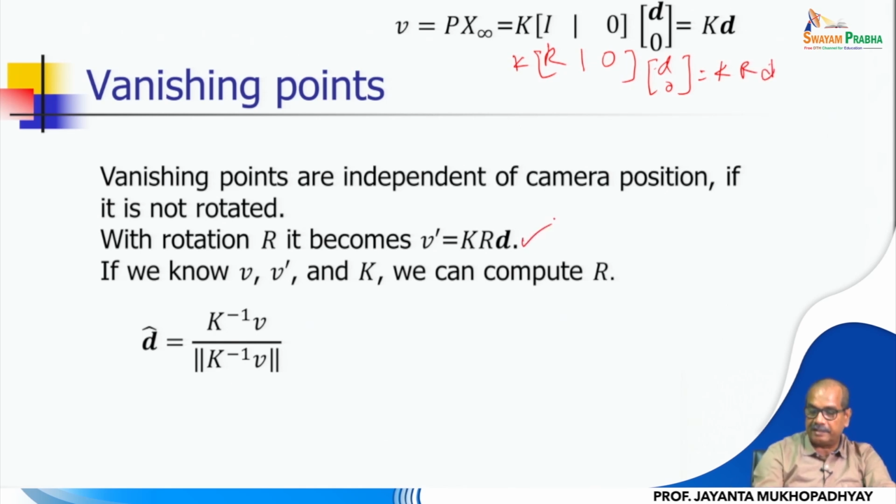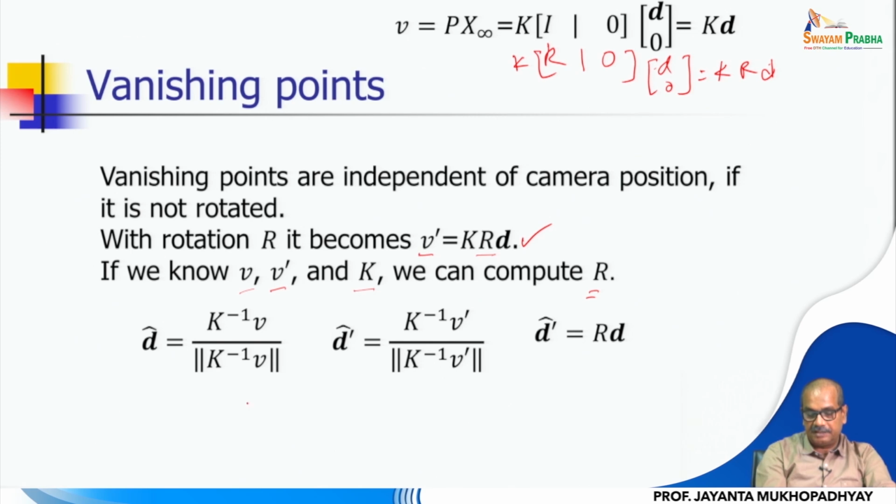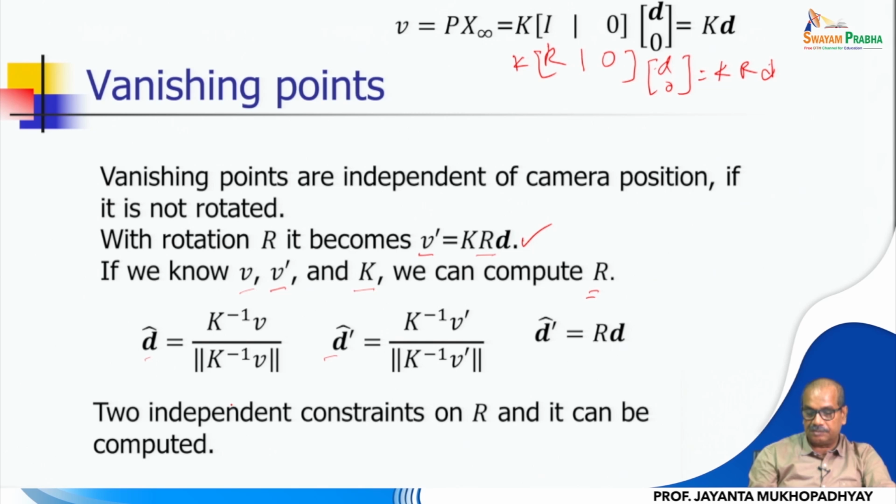So, that is what you will get here. If we know the corresponding vanishing points of a camera, and if we know the calibration matrix K, then you can compute the rotation between these two views. So, this is the idea. Because this V prime is KRD, from this you can also compute the rotation between these two.